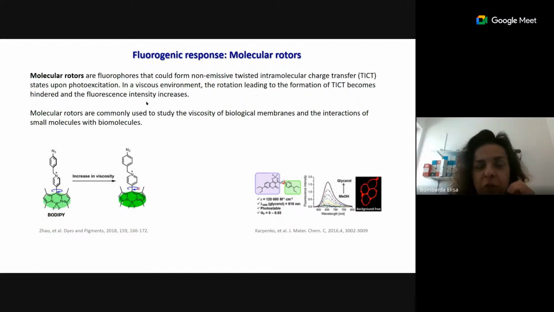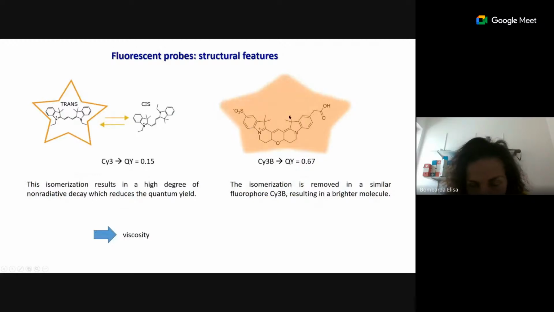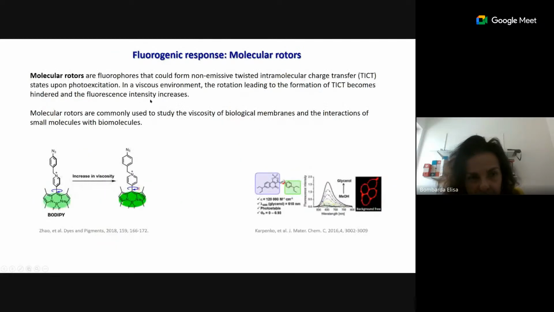And in a viscous environment, the rotation leading to the formation of this intramolecular charge transfer becomes hindered and the fluorescence intensity increases. So it's something like here where we have hindered the isomerization, and so then the fluorescence can increase.